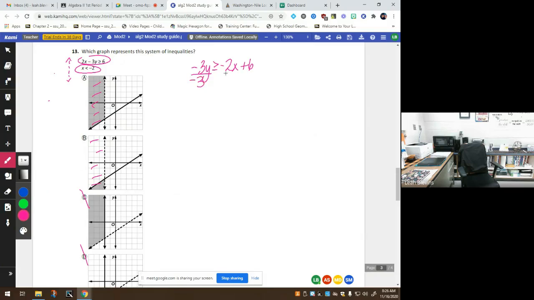What happens when I divide everything by -3? The sign flips. Got y less than or equal to 2/3 x minus 2. So we should shade everything below this line, right? Because it's the y values less than it. So which one is the correct answer choice? B, as in boy.